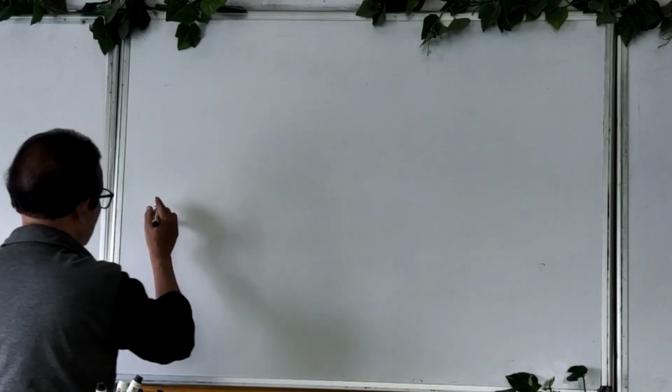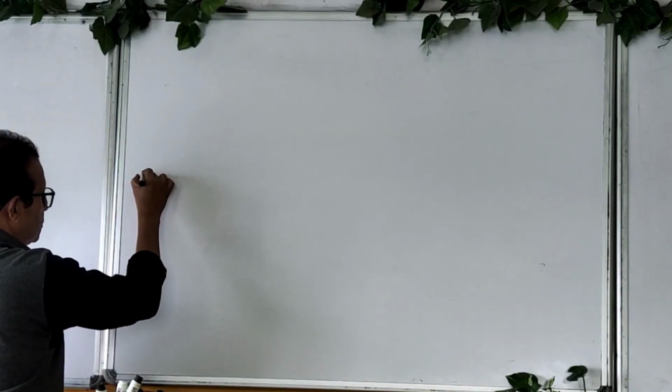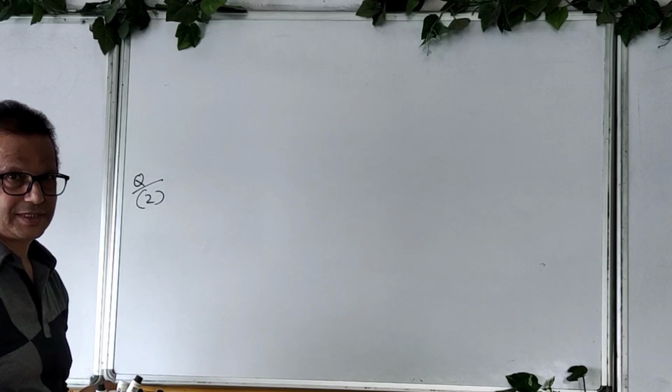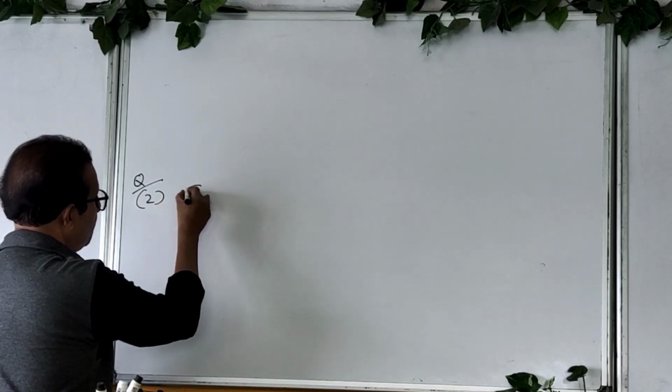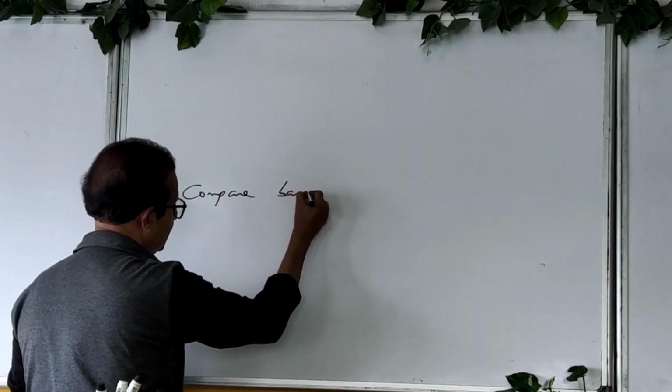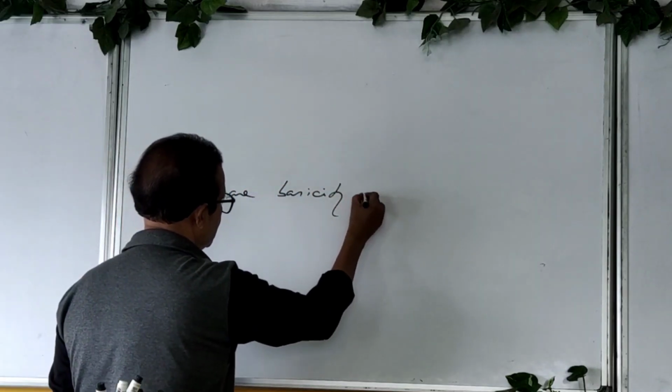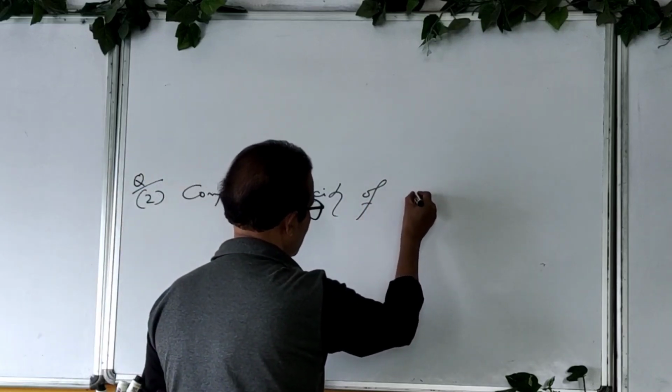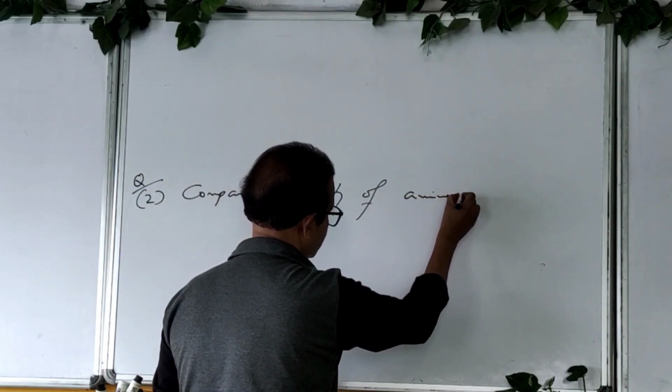In gaseous state, steric hindrance is not considered. Only the electron donating or withdrawing, that's inductive effect, is considered. So the second answer, answer 2. So the second question: compare the basicity of amines.